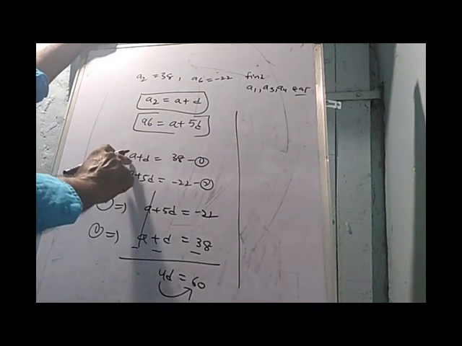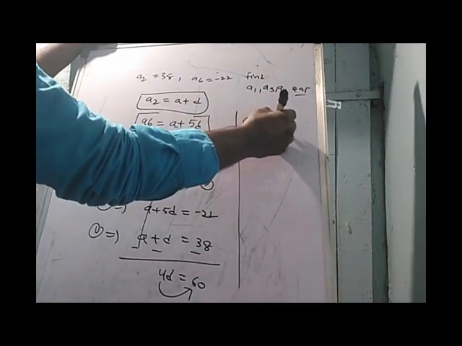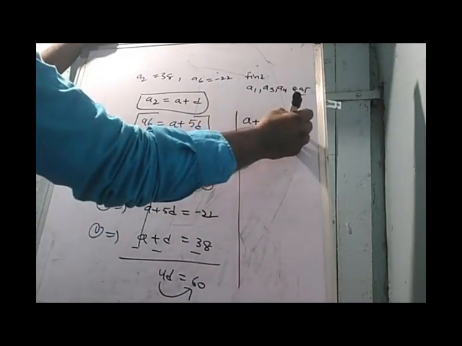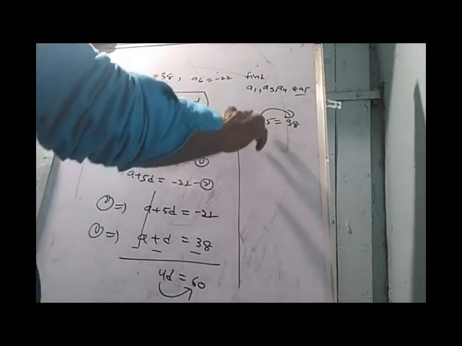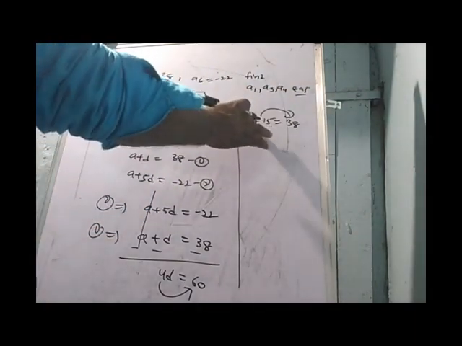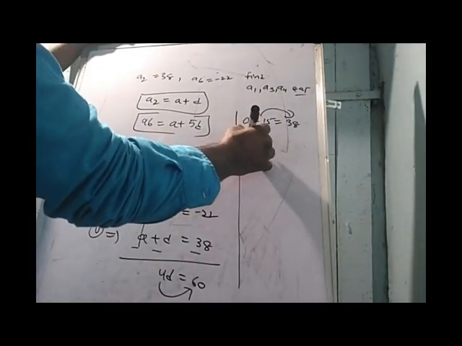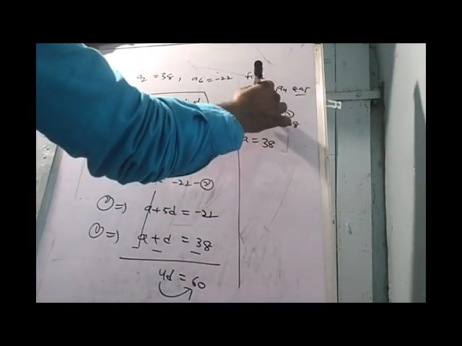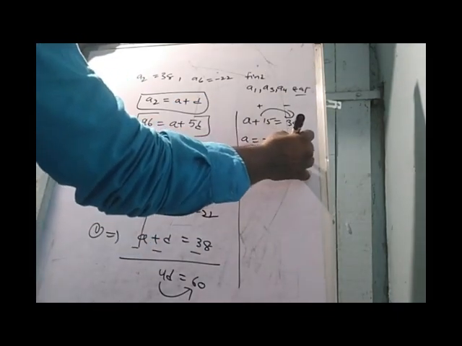So what is the first equation here? A plus D. A we don't know, but the D value is known. What is that? It is 15. And what about the value? 38. 15 will be transposed to that side. When it is transposing from left to right, the sign should be changed. The plus becomes minus. A equals 38 minus 15.